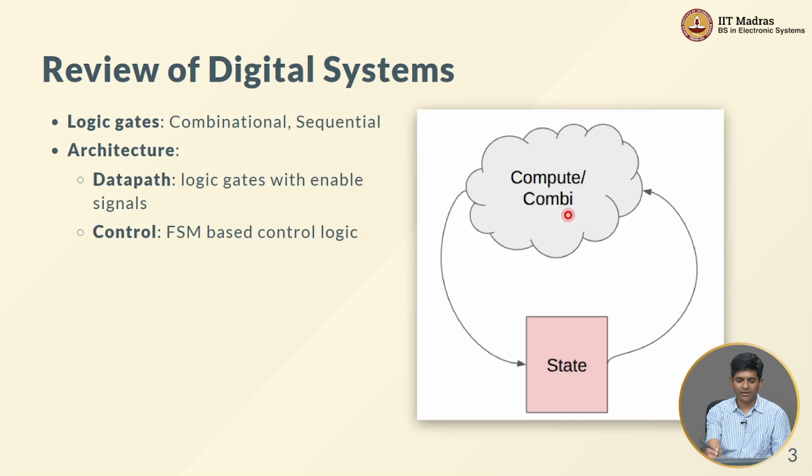Now, with this picture in mind, we further divide it up and say that we can think of it in terms of a data path, which is basically a set of logic gates with enable signals or control signals associated with it. Most of the time we want to have a set of control signals or select signals going to multiplexers, right.